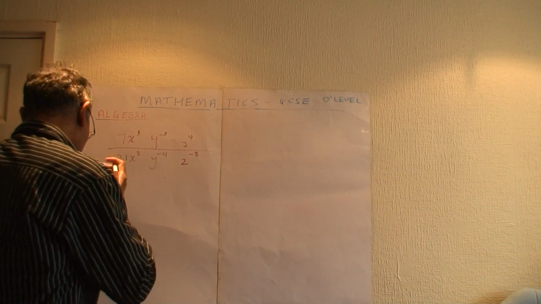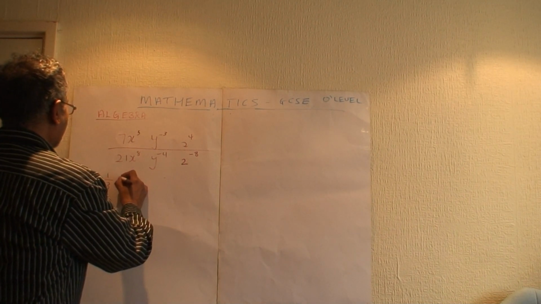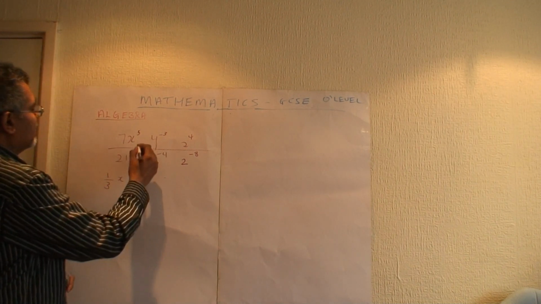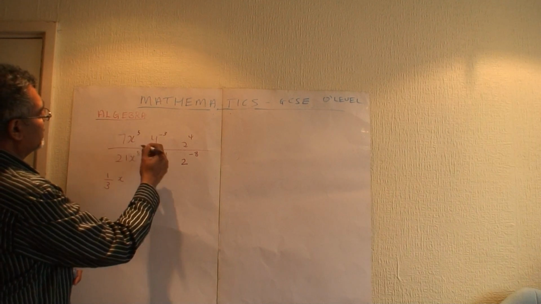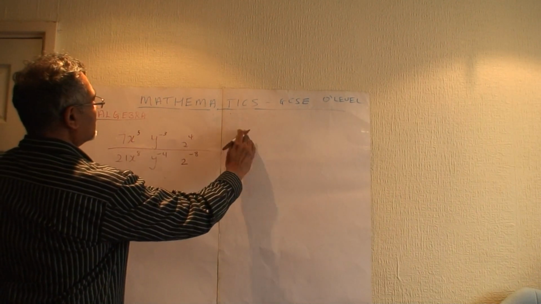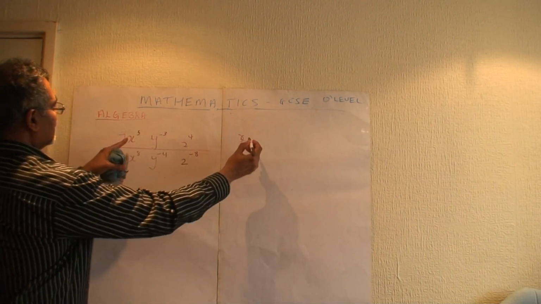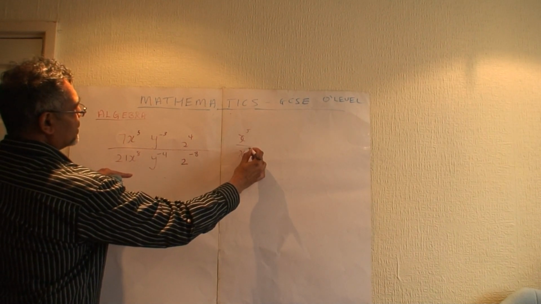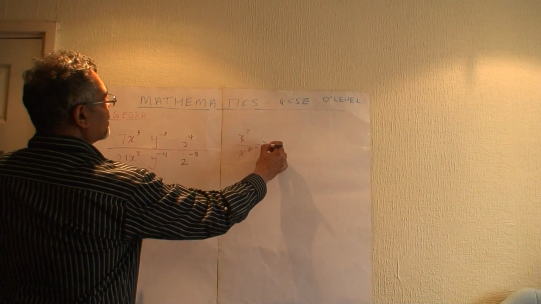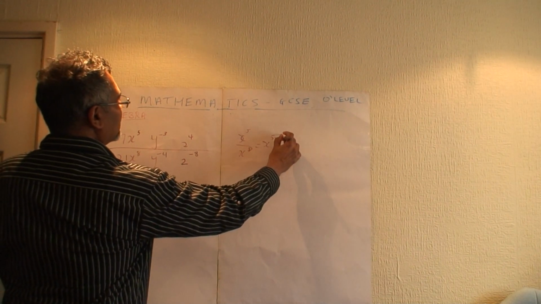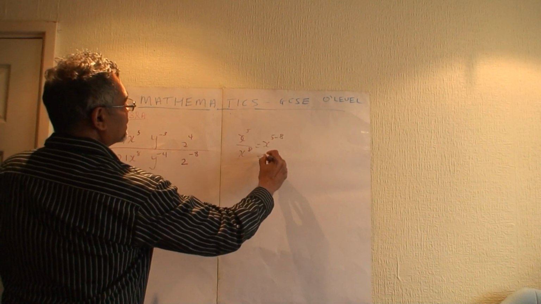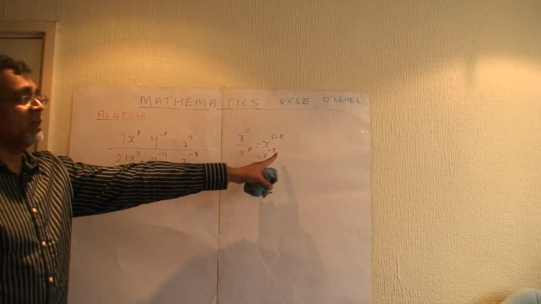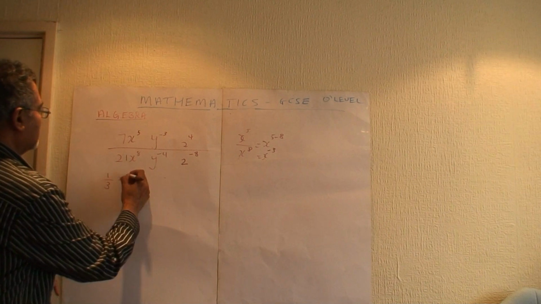So that'll be x. If you're looking at x to the 5th divided by x to the 8th, that'll be x to the 5 minus 8. That's x to the minus 3 power. So we put the minus 3 here.